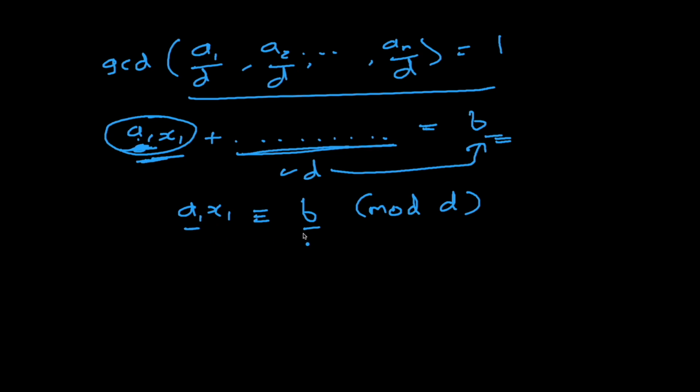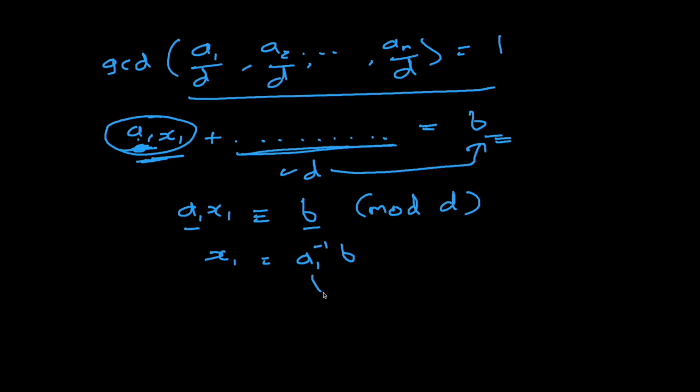Normally, if this were an equality, we would just say x1 equals b by a1. But in modular arithmetic we have modular inverses, so we have a1 inverse times b.